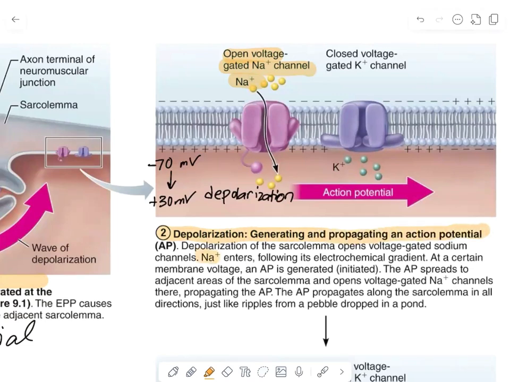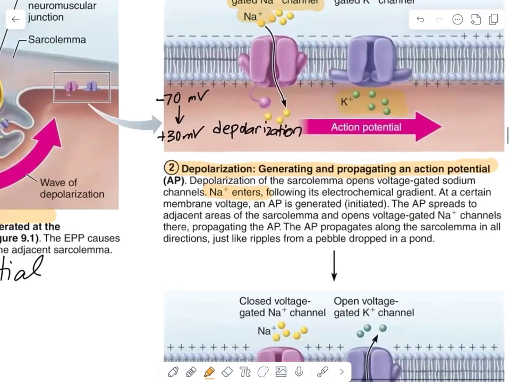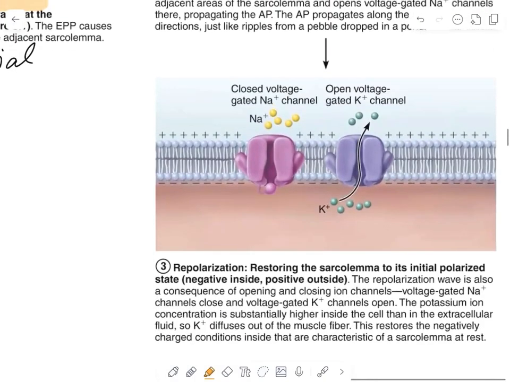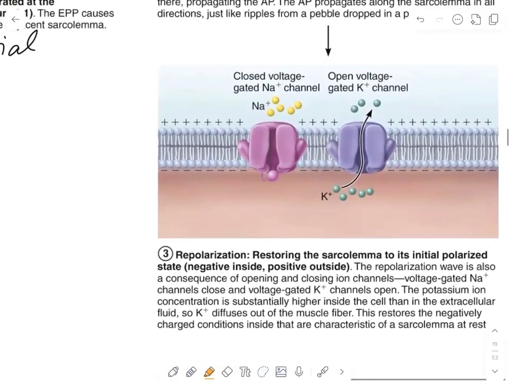So sodium enters. After the sodium enters, then potassium is going to exit. And when that occurs, that's called repolarization, which is what we see down here. So the potassium channel opens and only potassium leaves for repolarization.